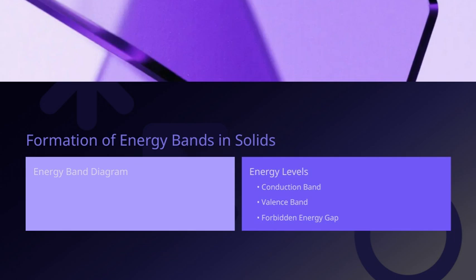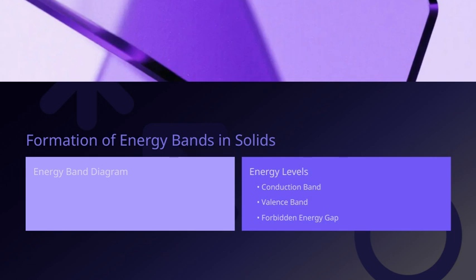When energy is supplied, say, through heat or light, electrons can jump from the valence band across the forbidden gap into the conduction band. This transition is fundamental because it determines whether a material behaves as an insulator, semiconductor, or conductor. The energy levels within these bands form what we call the energy band diagram, which visually represents the allowed and forbidden energy ranges.